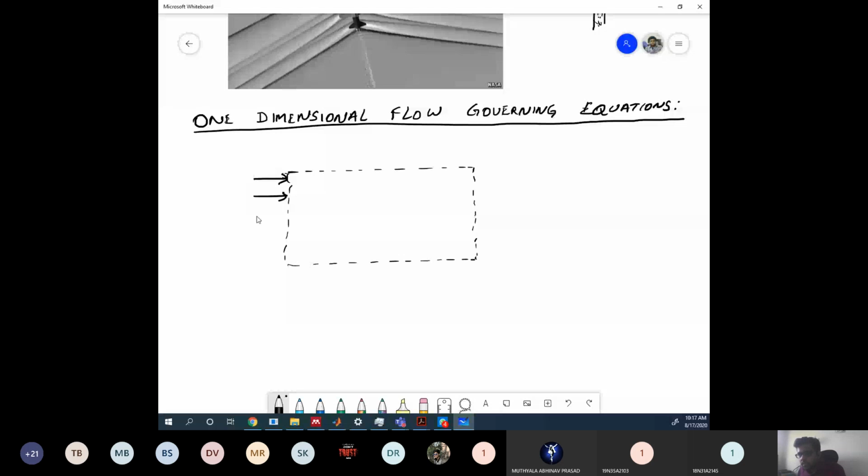Let me put some arrows there, and the same thing on the other side. Obviously, based on the continuity equation, whatever is flowing inside should move out, right? Only thing is that let's assume that we have some disturbance here. I'll take a region like this. Let me make a rectangle.